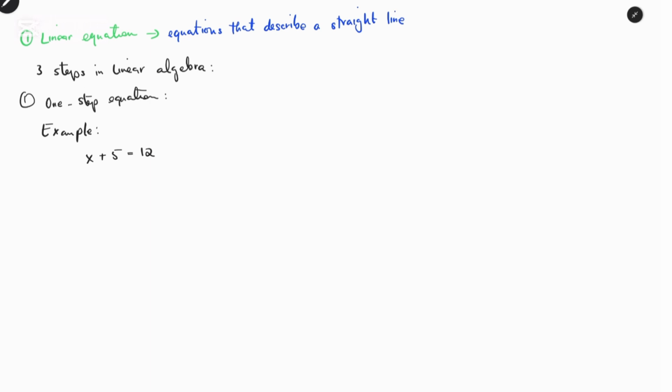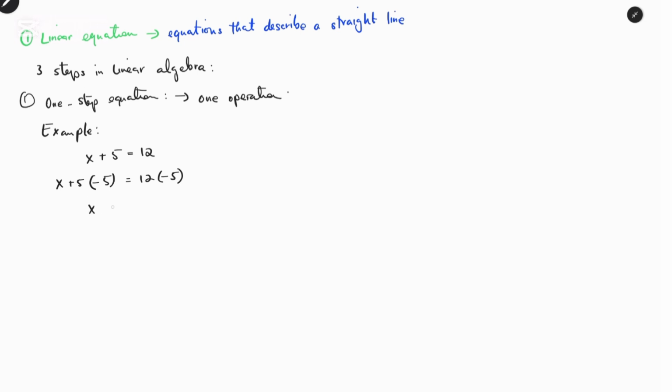equal to 12, then in a one-step equation, it requires only one operation. And this operation can be subtract 5 on both sides. So you have x plus 5 minus 5 equals 12 minus 5.